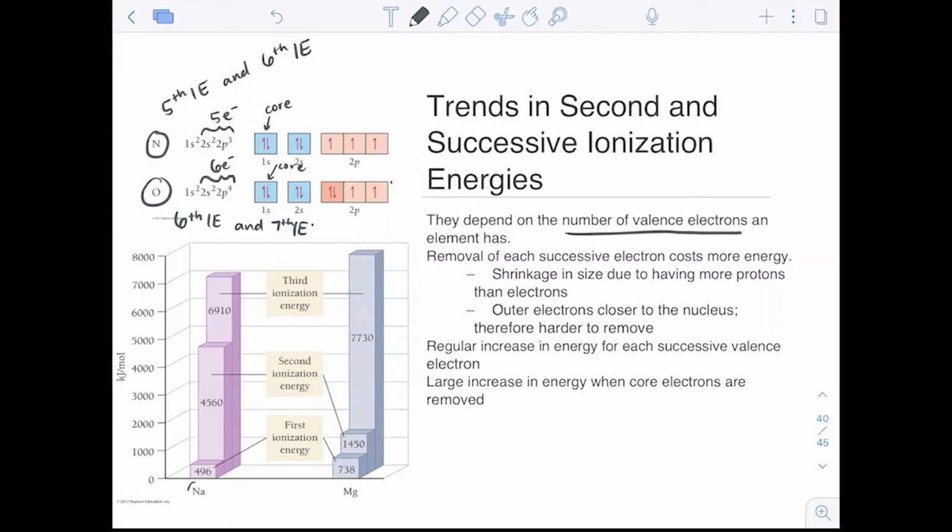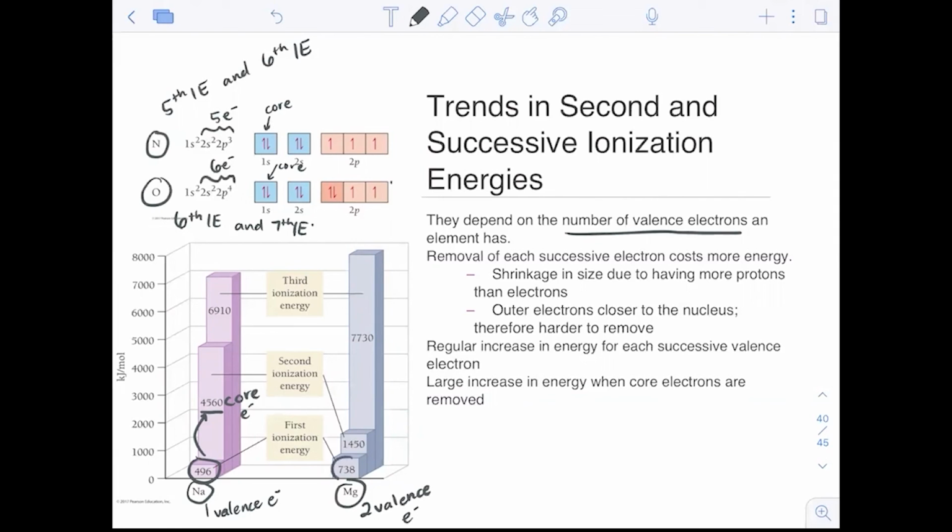We can see that with sodium and magnesium. Sodium has 1 valence electron. So it's a very small number for its first ionization energy, but start to think about removing a second one. These are core electrons. We never want to remove those. Magnesium has 2 valence electrons.